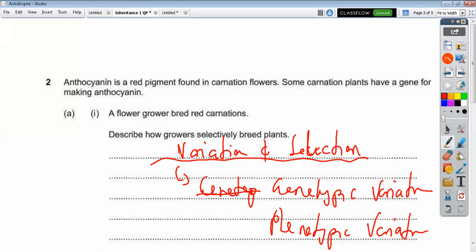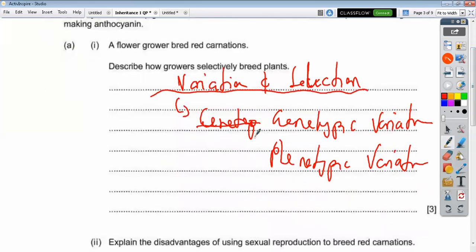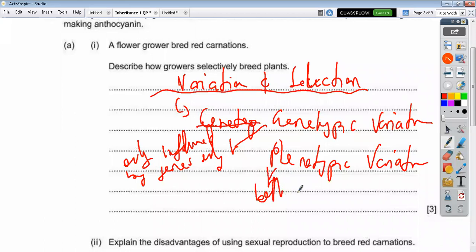What you see, someone is tall, or maybe your eye color is different. Clear? Genotypic variation is only influenced by genes. This one, phenotypic, by both genes and environment.